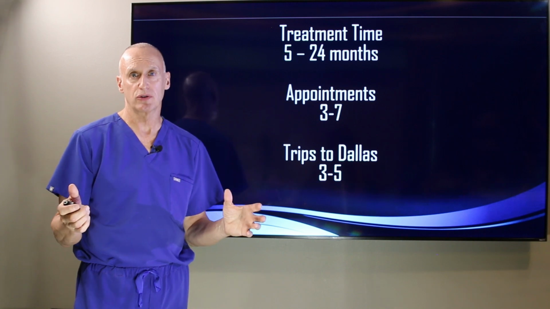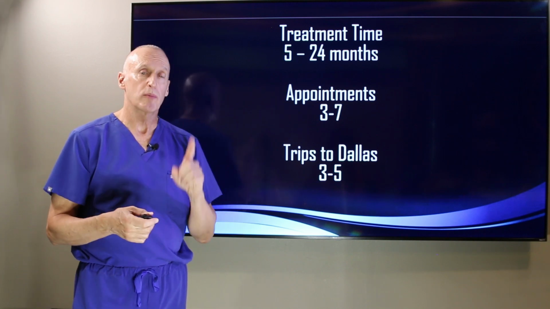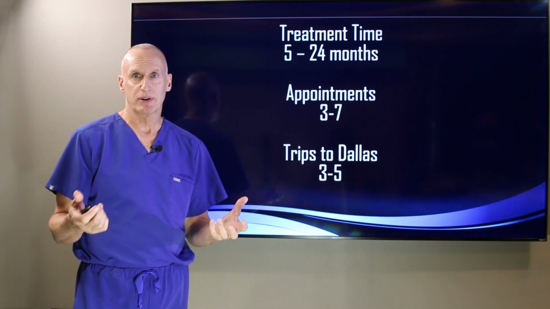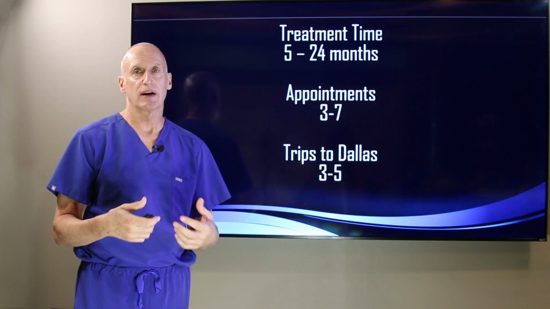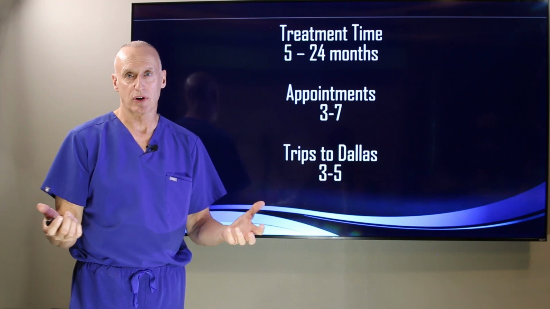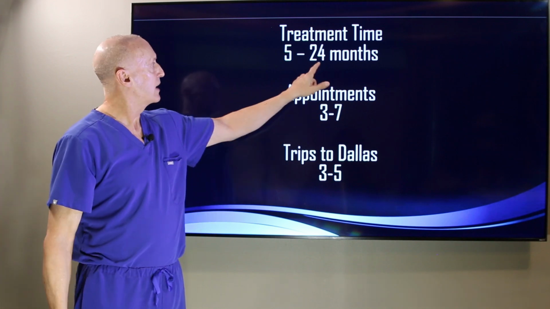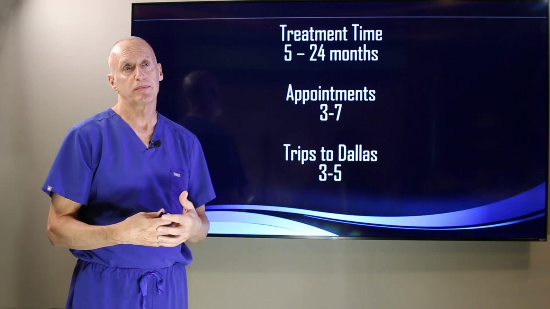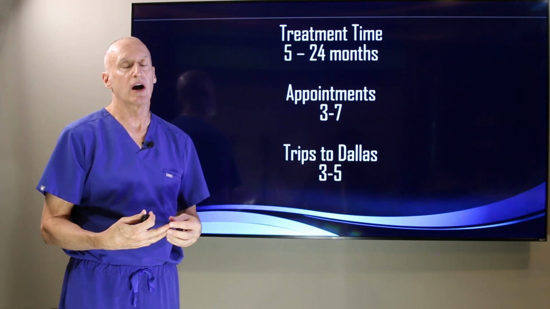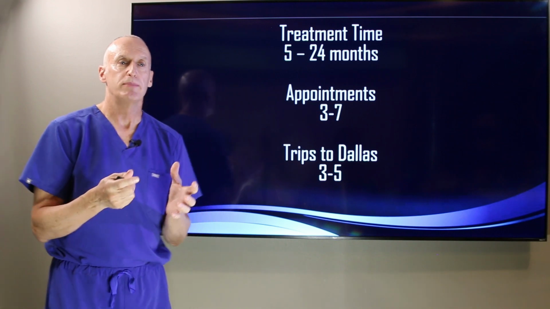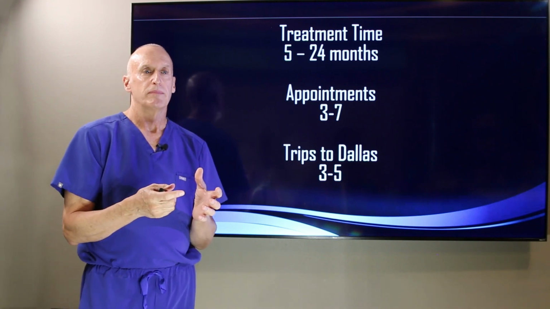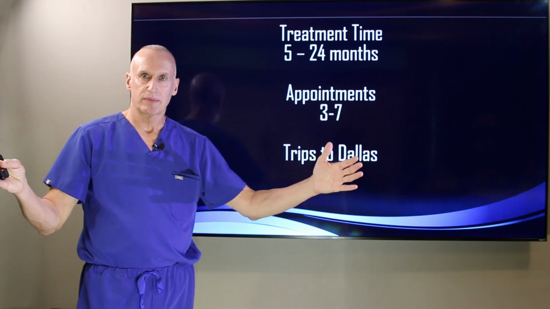We have a pay-as-you-go system, and if you don't break your temporaries, it means you have to be super careful with what you chew, and you have to wear a nightly mouth guard. But if you don't break your temporaries, we can spread this treatment out for a couple years. In some patients, we've gone even longer than that. But the beauty there is that we can spread out the payments.